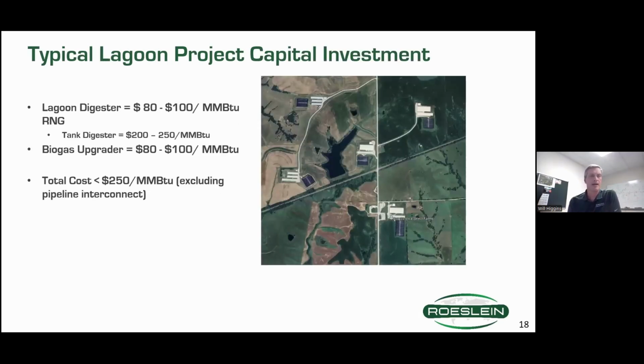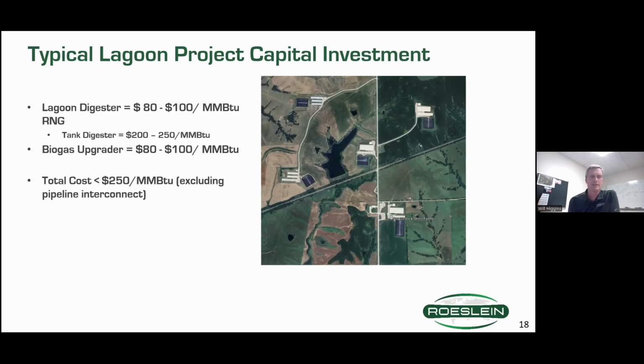And then some high-level numbers of what it costs to build one of these sites. For a lagoon digester, we think of it in CapEx dollars, somewhere in the order of $80 to $100 per million BTUs of RNG injected is what a lagoon digester would typically cost.